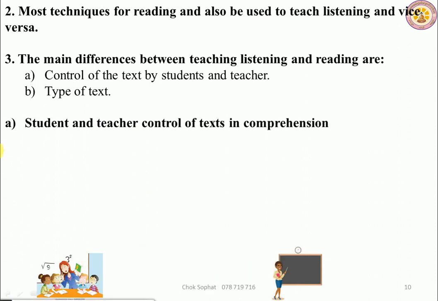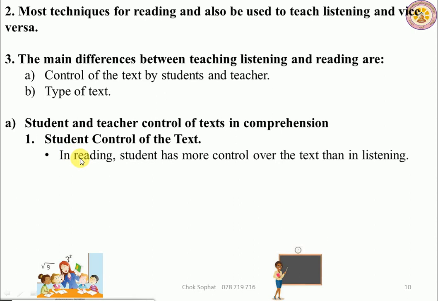Next one. Student and teacher control of text in comprehension. Student control of the text. In reading, the student has more control over the text than in listening. As you know, in reading, the student can control the text.